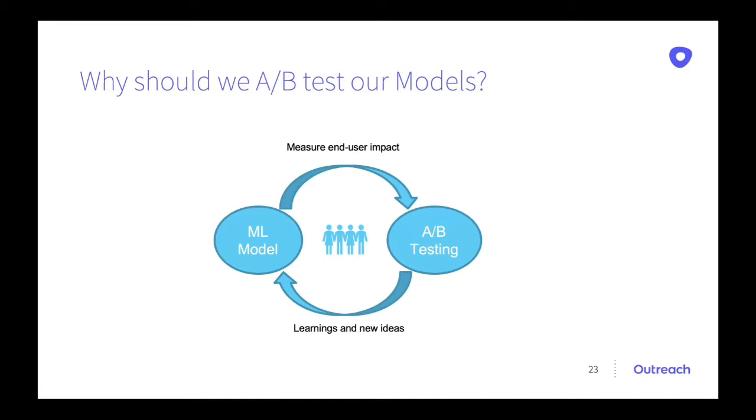And then in return, what we get is the types of learnings and insights about the behavior of our model that are very hard, pretty much impossible really, to obtain with the standard offline evaluation methods.